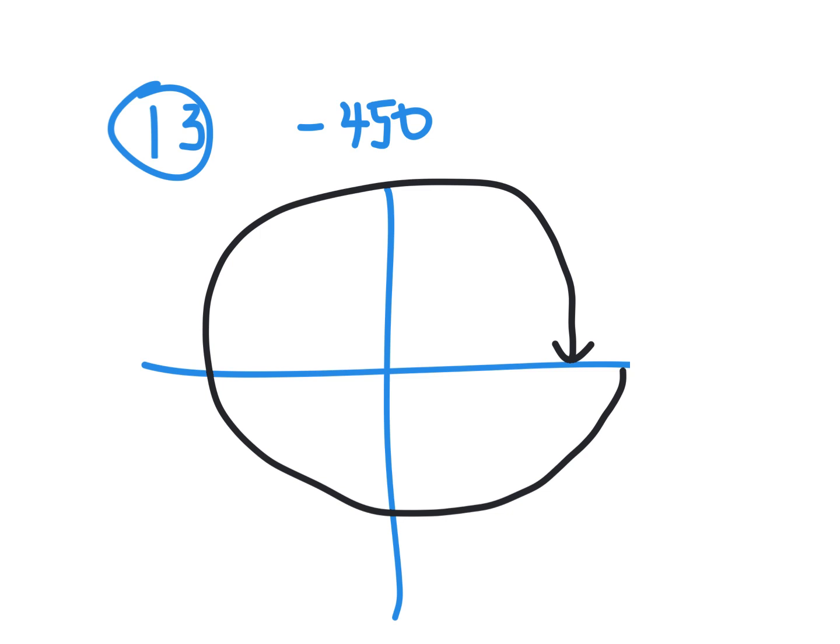I went in the negative direction. Negative 360, so how much more do I have to do? Negative 360 plus how much more of a negative? 90 more? That feels like it might work. Does that feel right to you? You are correct. That's the spot.